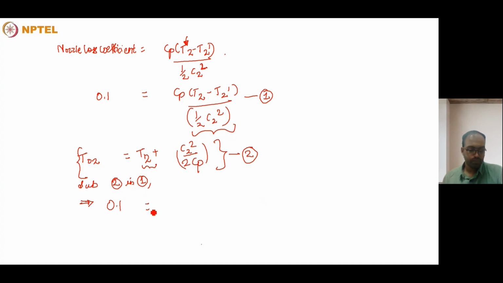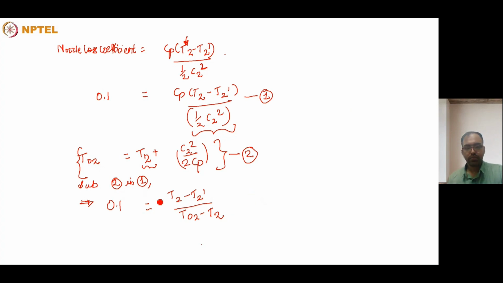Point 1 equal to 0.1 equal to (T2 minus T2 dash) divided by (T02 minus T2).